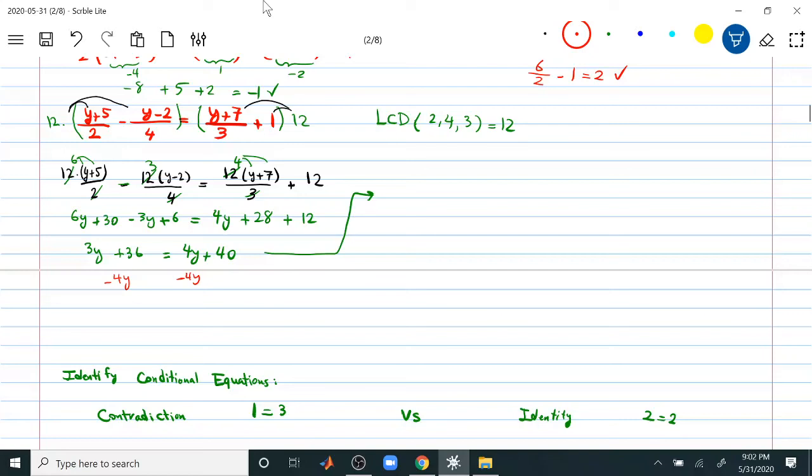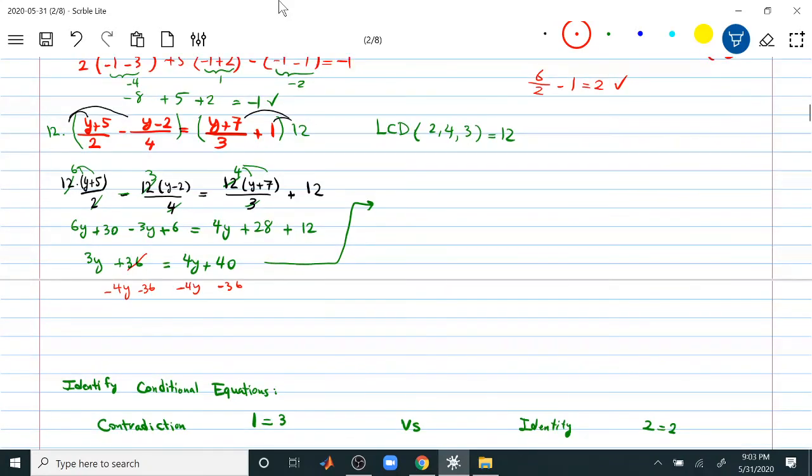I can get rid of the 36 as well. I can subtract 36 on both sides. Why am I doing that? I'm trying to isolate the variable y. You can do it in 2 steps or 1 step, it doesn't matter. By subtracting 36, I cancel out these two. By subtracting 4y, I cancel out those two. 3y minus 4y is negative 1y. The left side is left with only negative 1y. Right side, 40 minus 36 is positive 4.